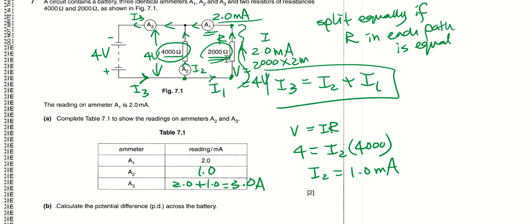Okay, so this one may be a little bit tough, but come on, you think about it. If the resistance here is 2000 ohm and I allow 2 milliampere, and the resistance here is 4000 ohm, I will only get half of the current, right? Because with a bigger resistance, less current will flow through. By proportion, I can calculate it to be 1 milliampere. If not, I find the voltage across here, which is V equals IR, then apply it to my parallel branches, and therefore I can find the current in A2.